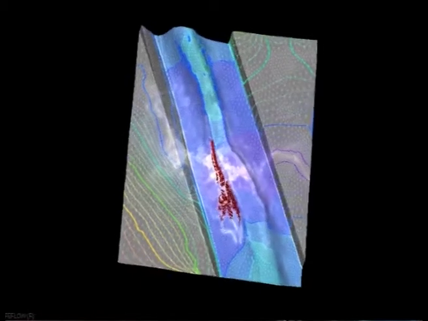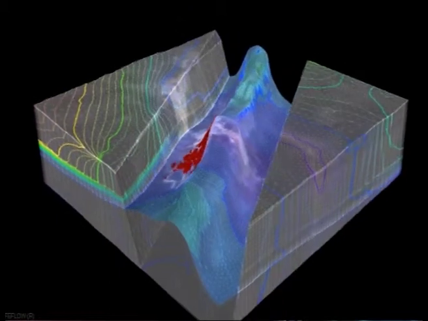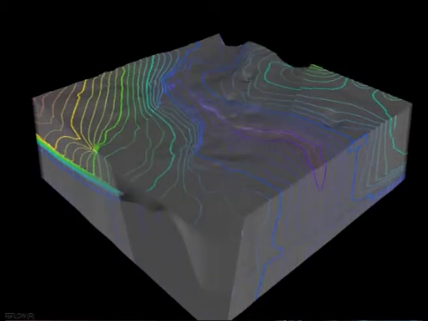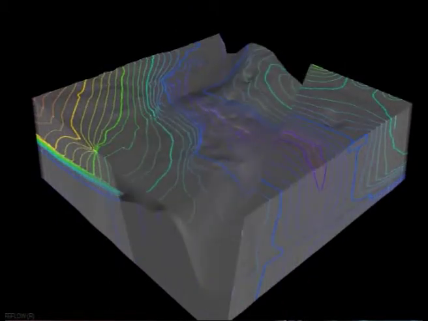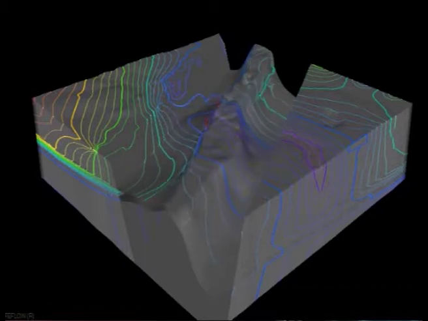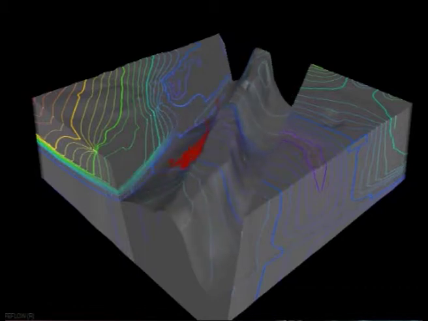Generally, two types of methods are used in the computer. One is known as the finite difference method, and another is the finite element method. I will tell you first about the finite difference method. In the finite difference method, the basic principle used is inflow minus outflow equals change in storage.